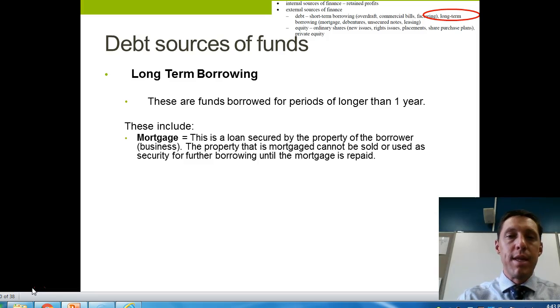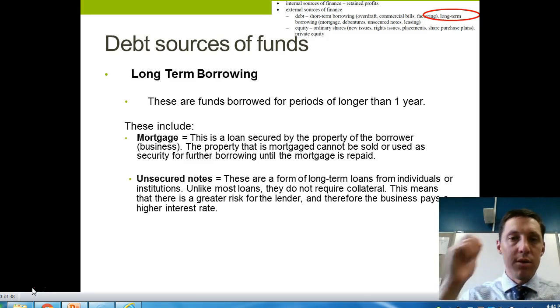The reason being that the lender, with collateral attached to the debt, can access that or even take legal possession of that property should the borrower be unable to repay, and therefore they can go and sell that property to recoup the funds that they have lent in the first place. Whereas things such as unsecured notes don't have collateral attached to them, and therefore they attract a higher rate of interest because of the associated higher level of risk.